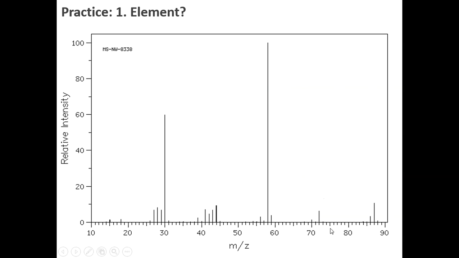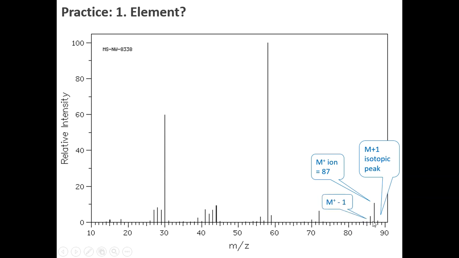So let's practice. What can we find out from this mass spectrum? What elements are present? Hopefully you'll see this middle tall peak must be the molecular ion, because that must be the isotopic peak, and this must be the M minus 1 peak. So we have a molecular ion peak of 87, which means nitrogen is present, and we can see that from this peak at 30 and another even peak here at 58.